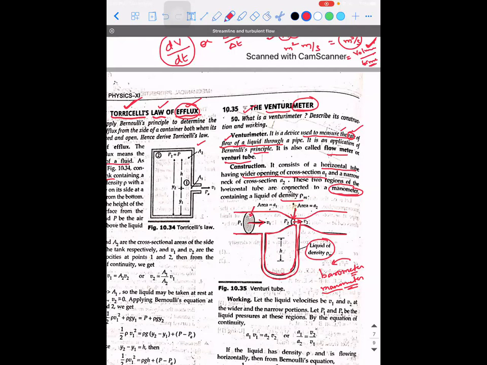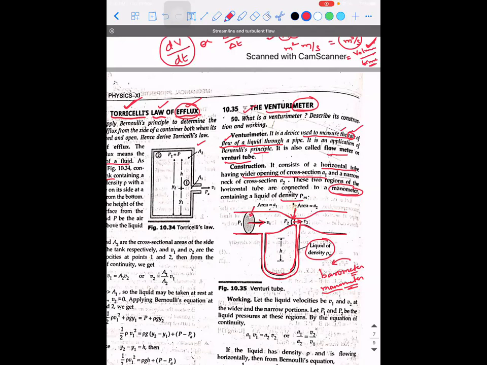An instrument used for measuring the pressure acting on a column of liquid. It consists of a U-shaped tube. This U-shaped tube is there, right? The tube is what is called a manometer.